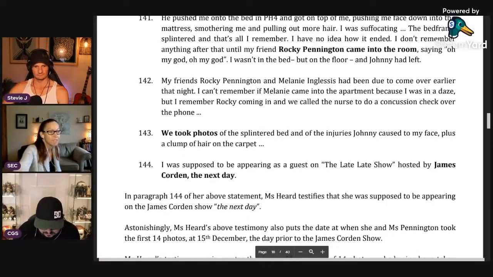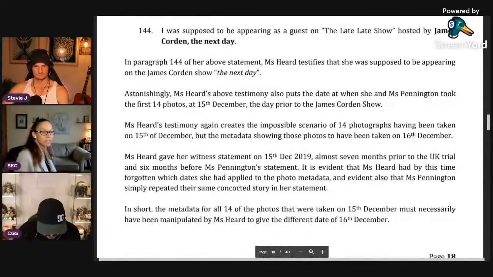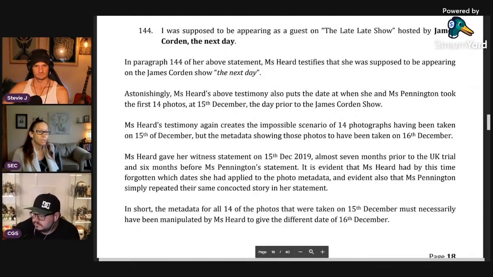In paragraph 144 of her above statement, Miss Heard testifies that she was supposed to be appearing on the show the next day. Astonishingly, Miss Heard's above testimony also puts the date at which she and Miss Pennington took the first 14 photos as December 15th, the day prior to the show. Miss Heard's testimony again creates the impossible scenario of 14 photographs having been taken on the 15th of December, but the metadata showing those photos to have been taken on December 16th.